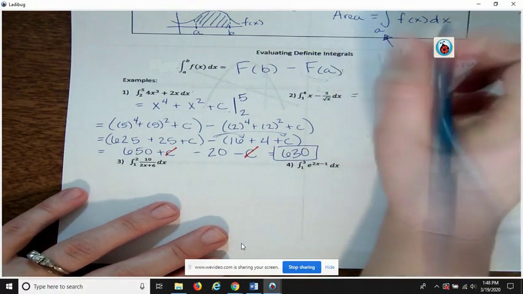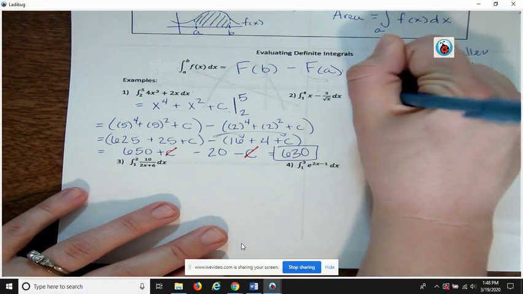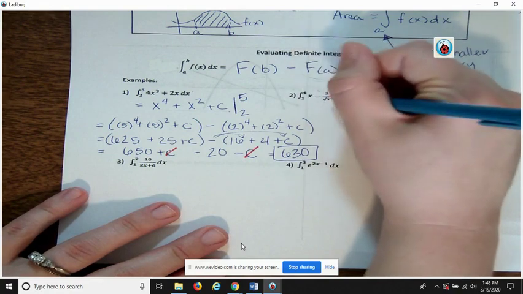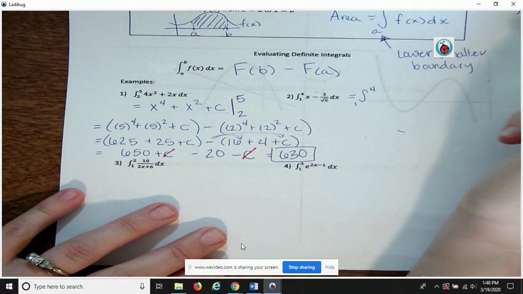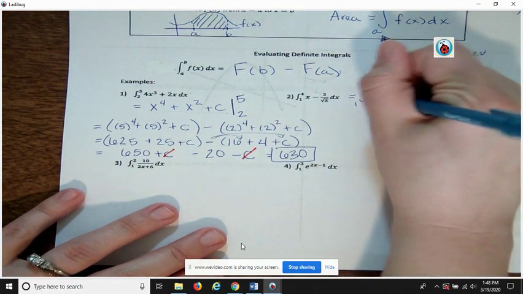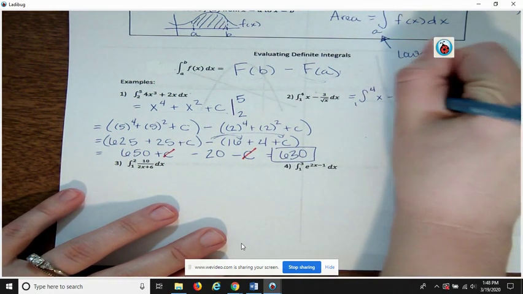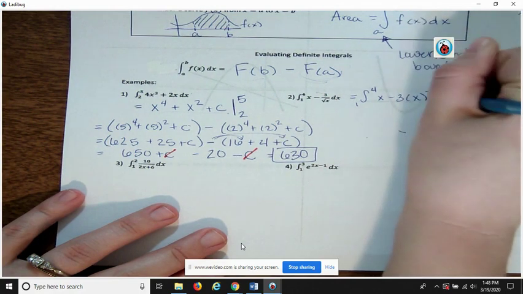Okay, so this is going to be the same thing. I'm going to rewrite the integrand so that it's a little easier to integrate. So I'm going to have x minus 3 times x to the negative 1/2 power dx.